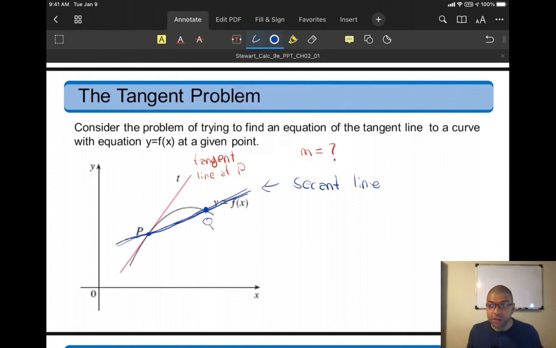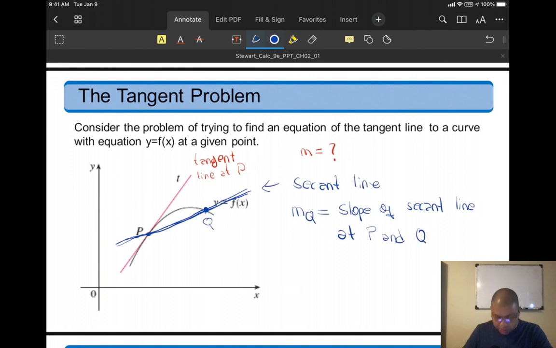We know how to calculate the slope of this, and the slope is going to be determined by these two points. Let me call m_Q the slope of the secant line at P and Q. So we say the line is secant at P and Q because it touches these 2 points.